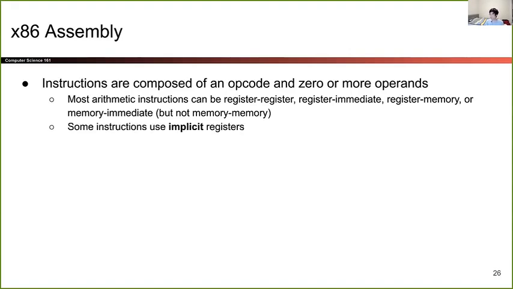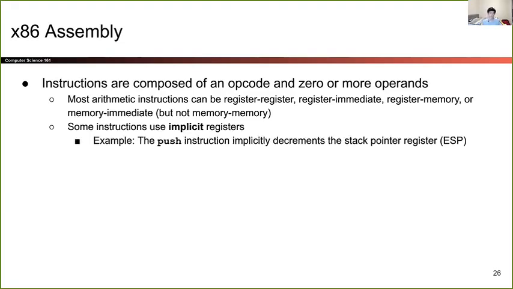A lot of instructions are going to use implicit registers. So this is one of the weird things that's hard to wrap your mind around sometimes in x86. Whereas in RISC-V, you always had to specify the registers, and the only registers you specified are the only ones that would be used. In x86, some instructions will use implicit registers. So for example, in x86, we have a push instruction.